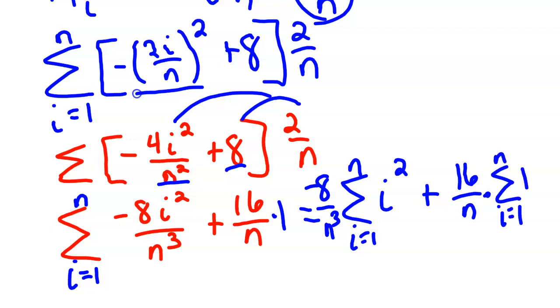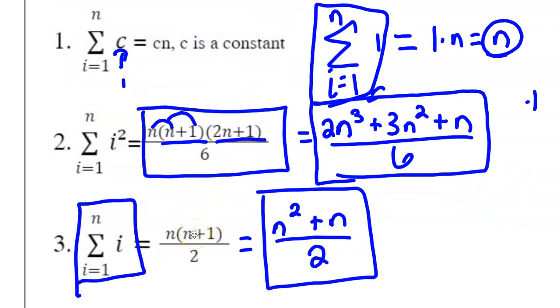And we'll plug our formulas back in that we found previously. Again, just a recap of the formulas. Here is the i squared formula, and we'll plug this one in so we don't have to do any more distributing than we have to. We've already done it, so why do it again? And we also need this sum of 1, which is 1 times n, or just plain old n. We can throw n in there.